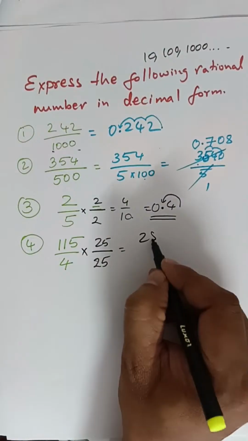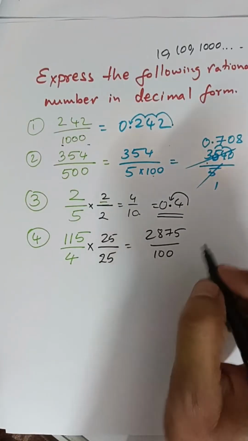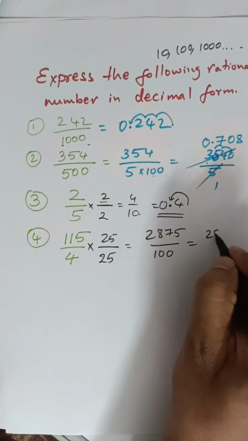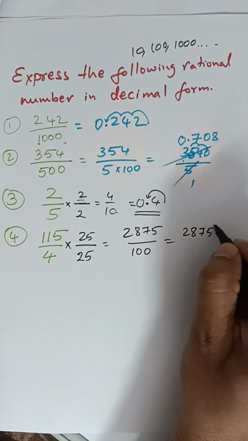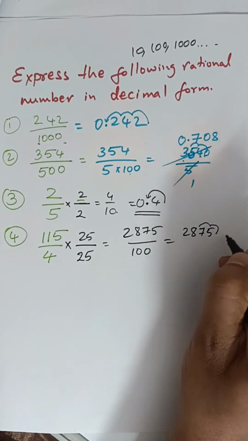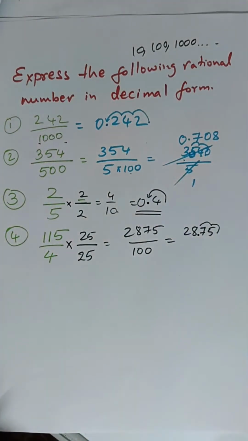It is 2875 over 100. So how many zeros are there? 2875, 2 zeros from here. 1 2. So the answer is 28.75.